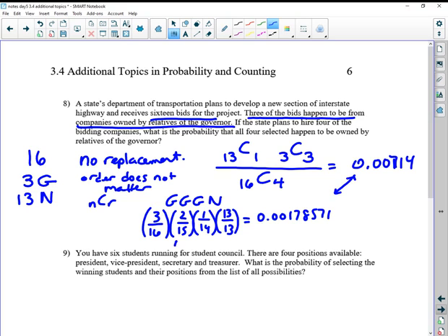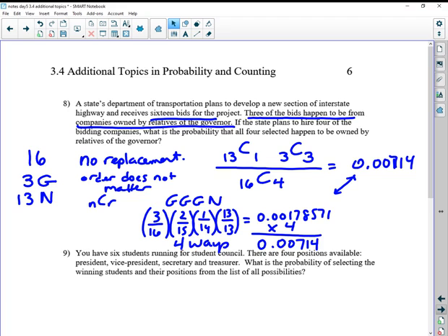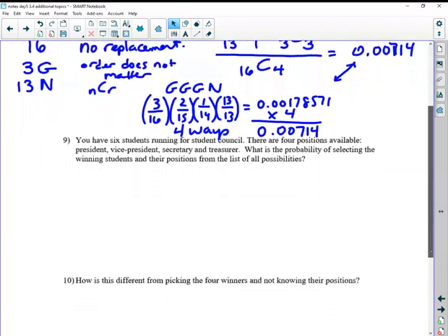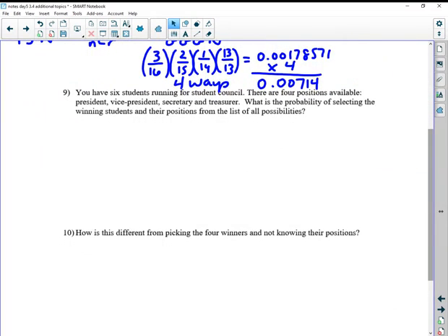That's because there were 4 ways this could happen. So when I multiply by 4, now I have the probability for finding the 3 companies. If this was random, if they were randomly selected and nobody even read the bids, it would be highly unusual to pick those 3 companies and then have them take the jobs.